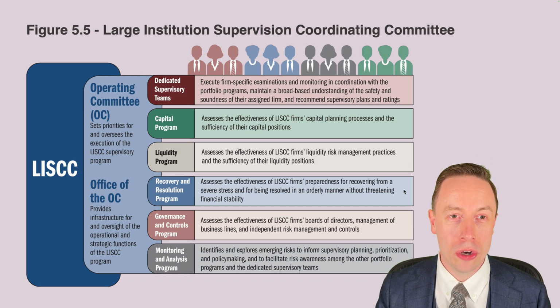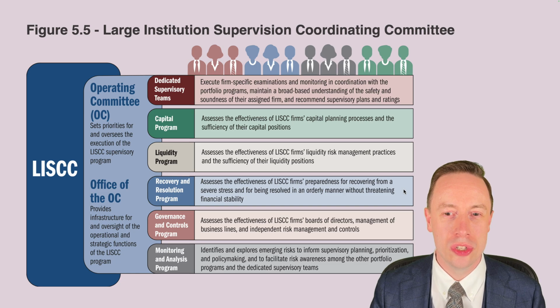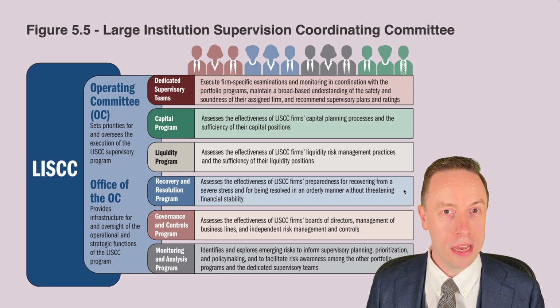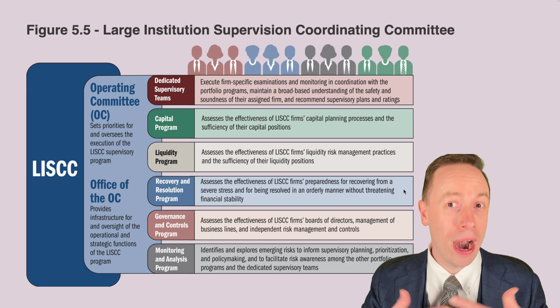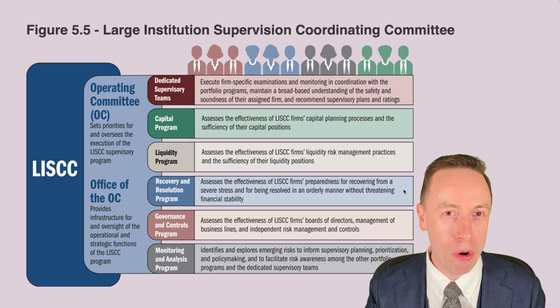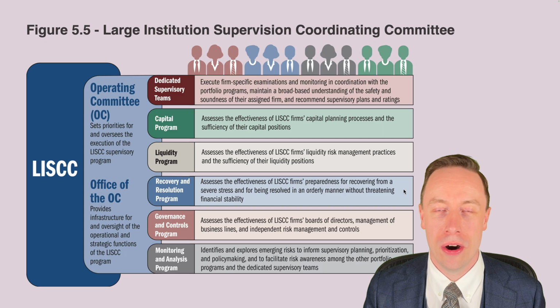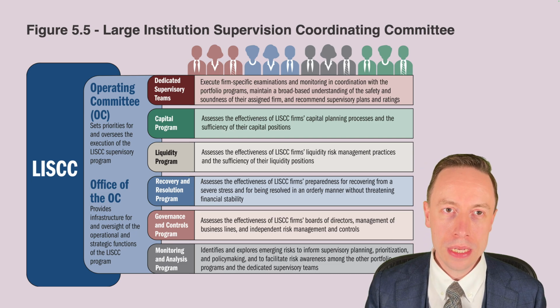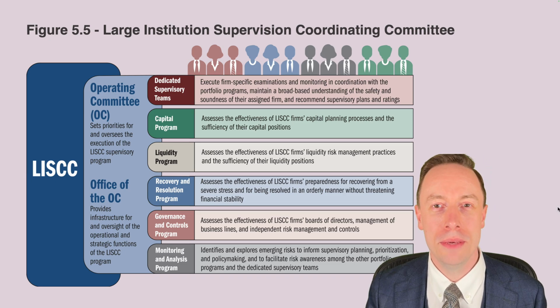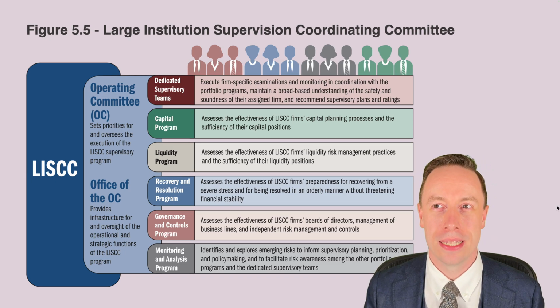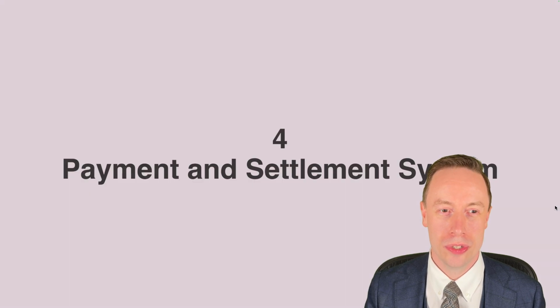And if perhaps even those requirements aren't enough and your institution falls apart, you must have a pre-planned so-called living will for how your institution is going to go away without taking the rest of the financial system with it. Along with some governance parameters to make sure everybody's playing by good incentives. And finally, an analysis program that's keeping an eye out for emerging risks. So there's our large institution supervision.